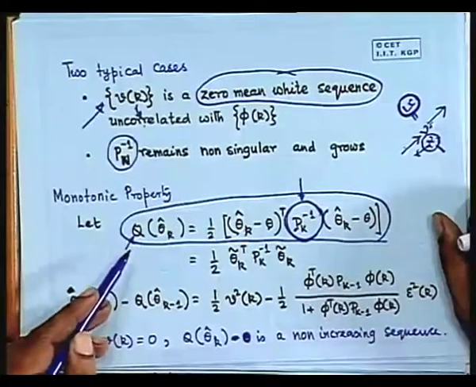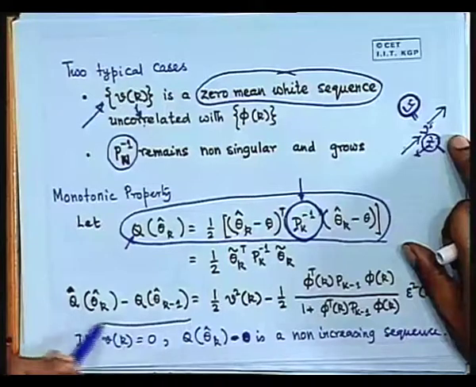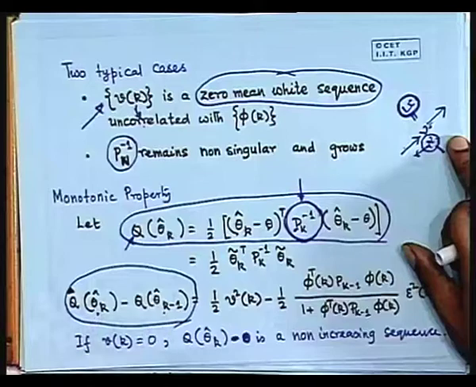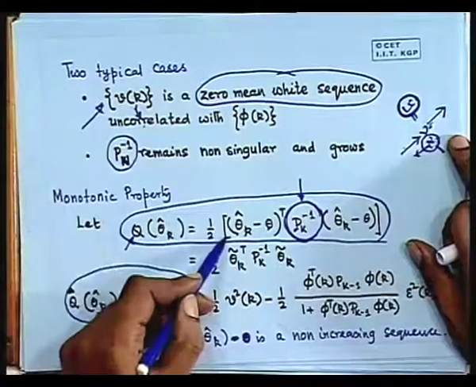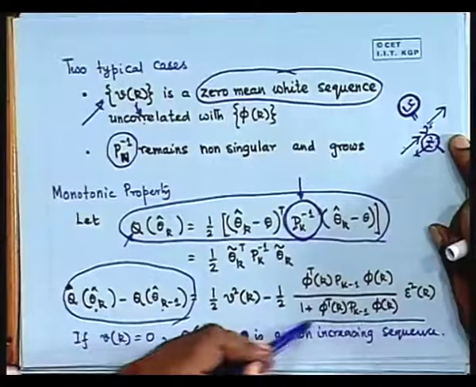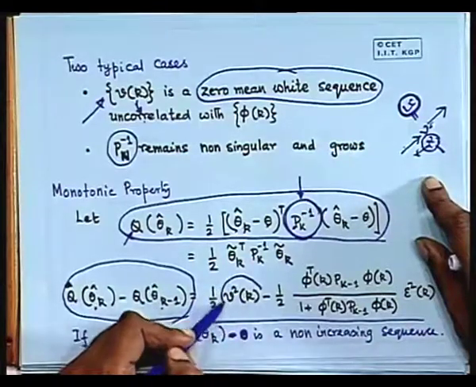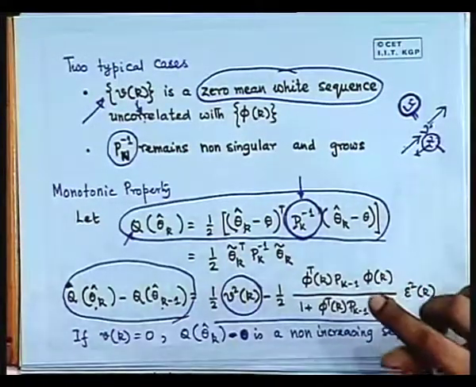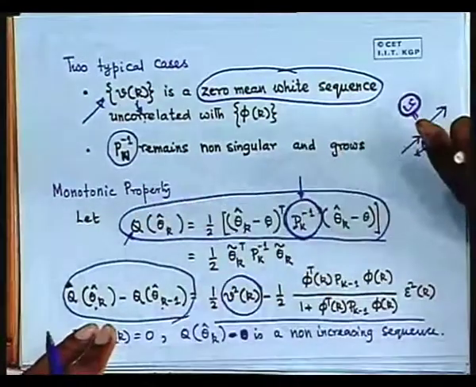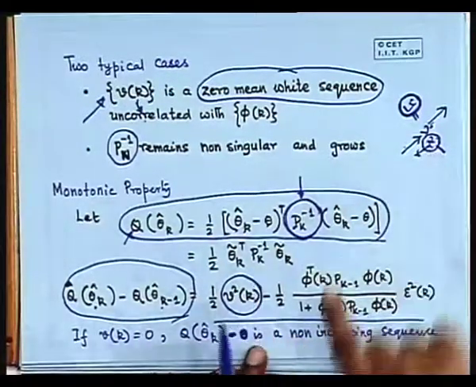So it can be proved that with this thing, the performance index, that is q at theta hat k and q at theta hat k minus 1. If I evaluate this performance index at k minus 1 and at k, it turns out to be like this. So at least if in the system there was no noise, suppose this vk is 0, that is the system generated pure data using some unknown parameter theta, but there was no noise, then this is a purely positive quantity.